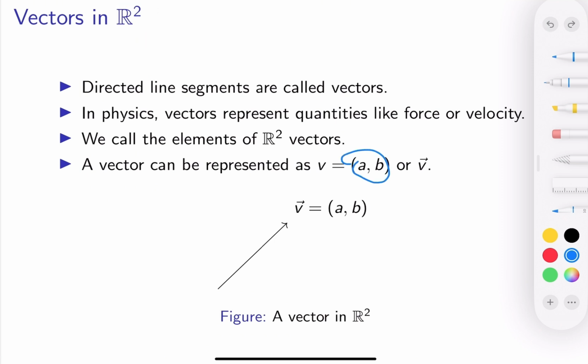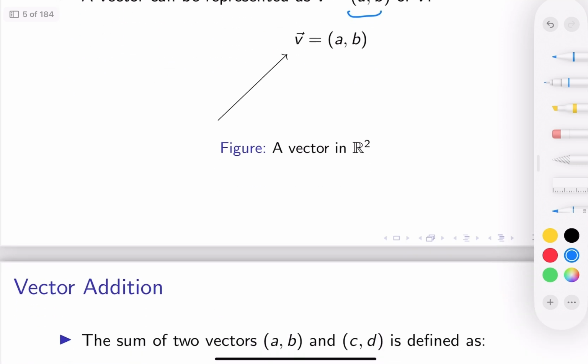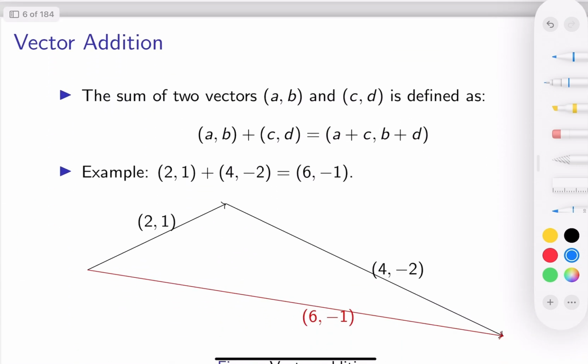So these things we discussed, and I keep reminding you, elements of vector spaces are called vectors. So if we collect all of these tuples, we have the set R2, and we're gonna argue why R2 is a vector space when endowed with the right addition and multiplication.